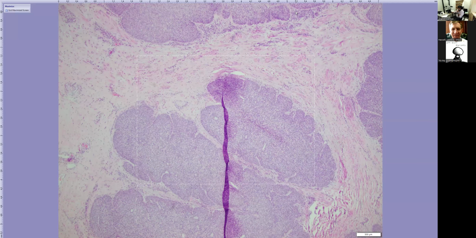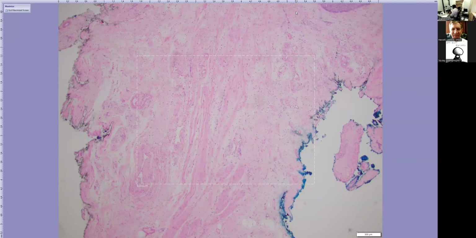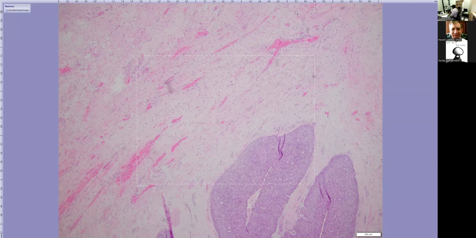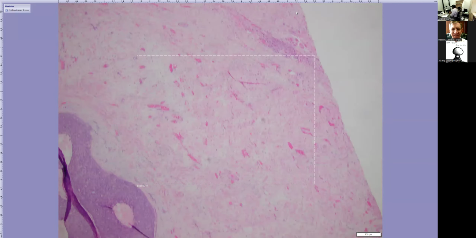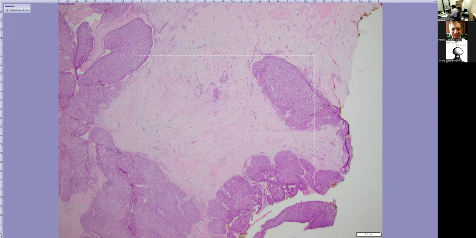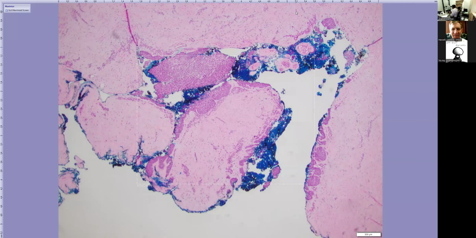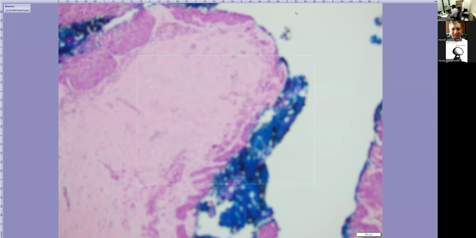But the question was, is this a tumor that is arising from the anterovaginal wall involving the urethra, or is this a urethral tumor that is involving the anterovaginal wall? So the clinicians were saying that based on radiology, the tumor was centered right in between those two spots.